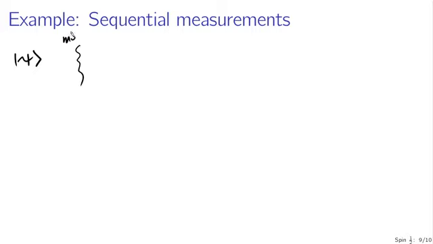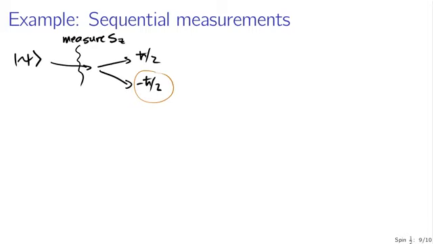If I measure the z component of the angular momentum, you know what I'm going to get as a result of that. There are only two possible outcomes for a measurement of the z angular momentum. I could get h bar over 2 or minus h bar over 2. Suppose I get minus h bar over 2.